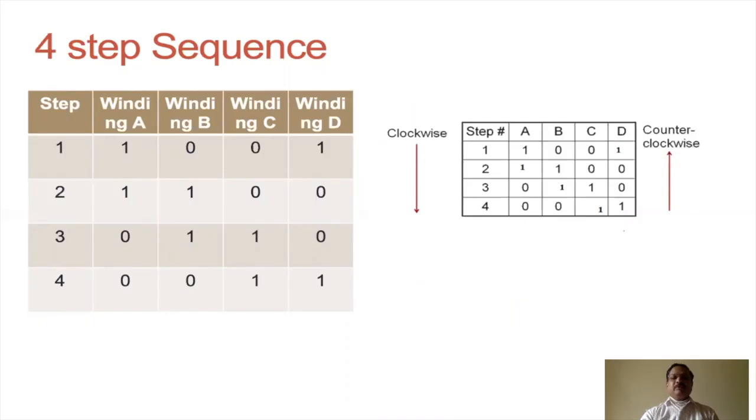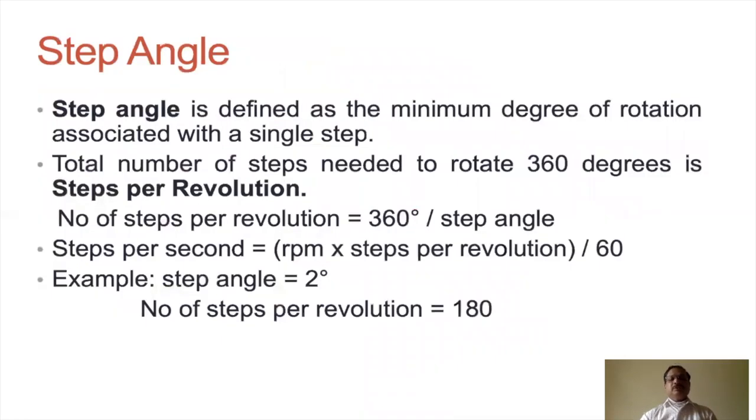To complete one rotation, that means 360 degrees, the total steps required will be 360 degrees divided by the step angle. In our case, for 1.8 degrees, a total of 200 steps will be required for one rotation.